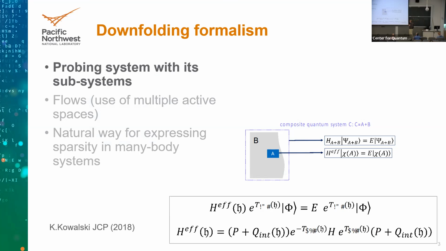So the first important message is that in coupled cluster, you can probe the system with any subsystem described by some active space. So what does it mean to probe? We can build a second-quantized representation of the effective Hamiltonian, which acts in that active space and gives you exactly the same energy as you would get in the coupled cluster calculations.